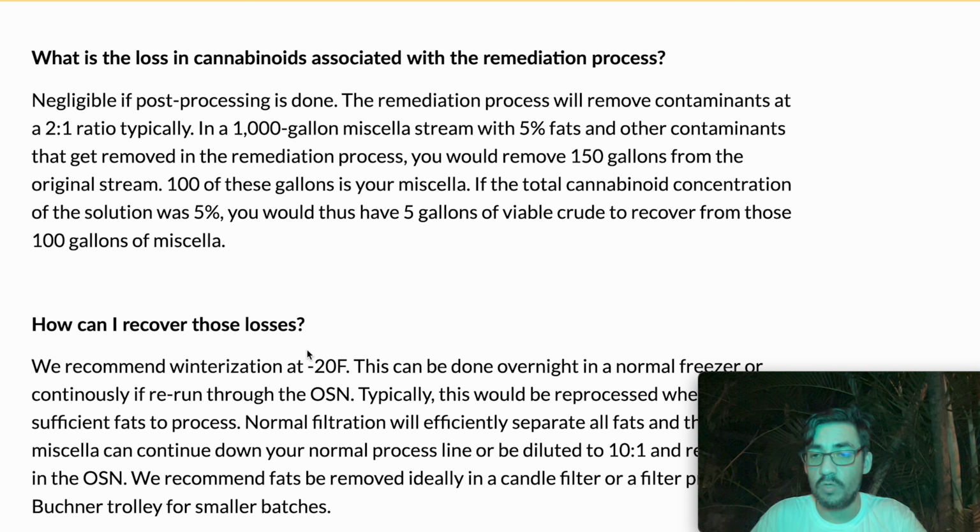What permeates or makes it through the membrane goes on to your next process. That's said and done. So from the initial 100 gallons, you're stuck with 150 gallons of stuff that you need to do something with. Depending on the economics of your operation, you might say, I can't throw away those 100 gallons worth of stuff, because if it's at a 4-to-1 and I have 100 gallons of micellar in there, that means I have 25 gallons of crude.